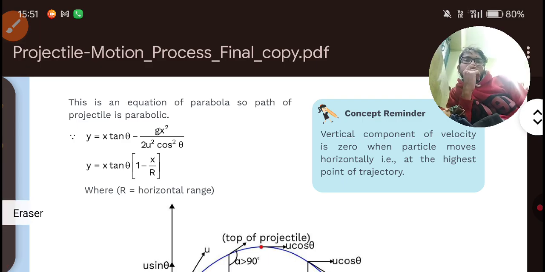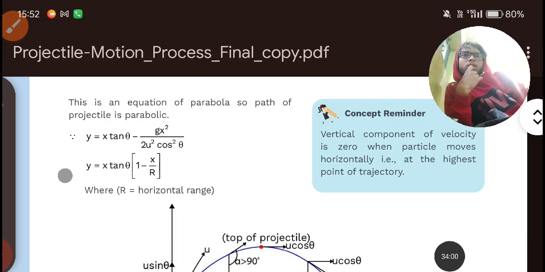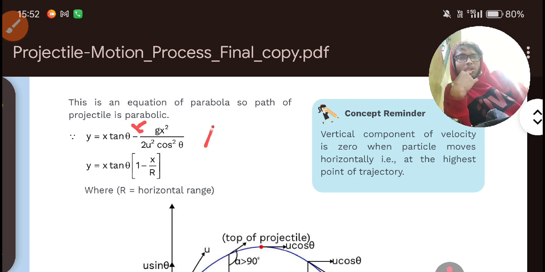Now next thing, let's see. This is the equation of a parabola, so the path of a projectile is parabolic. When there is a minus sign, the parabola will look like this.